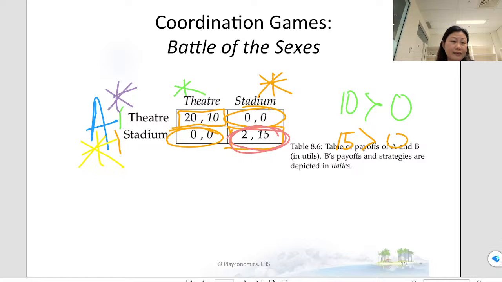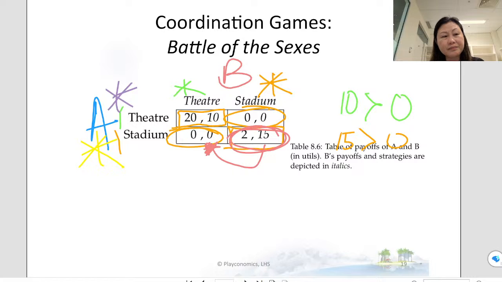If player B does, they'll move from going to the stadium to going to the theater. Instead of getting 15 utils, you got 0. Not a good strategy for player B. So player B does not want to change their mind.